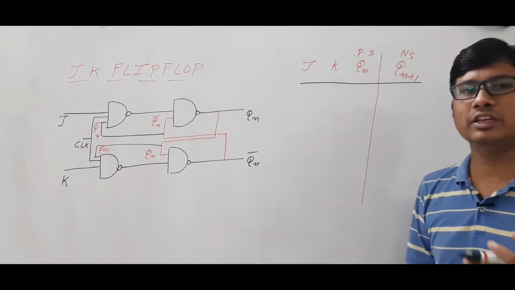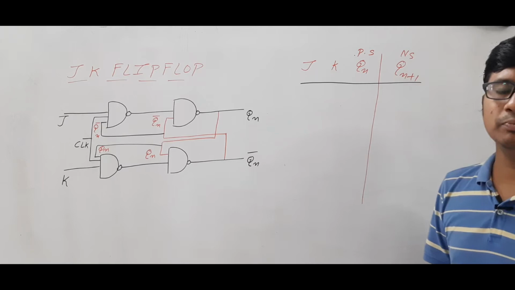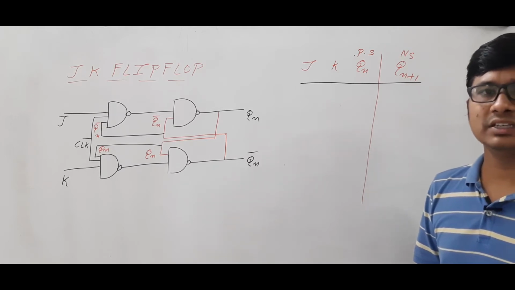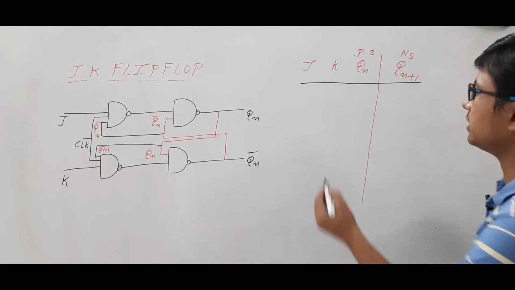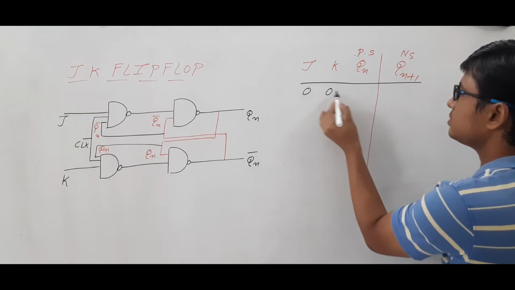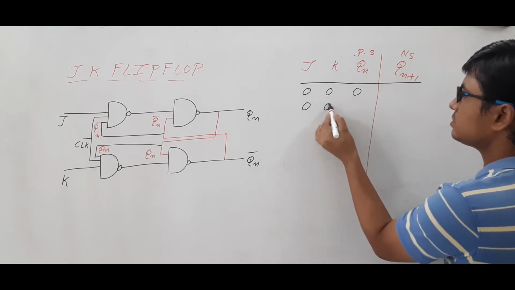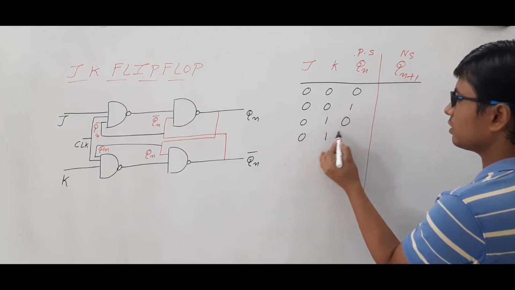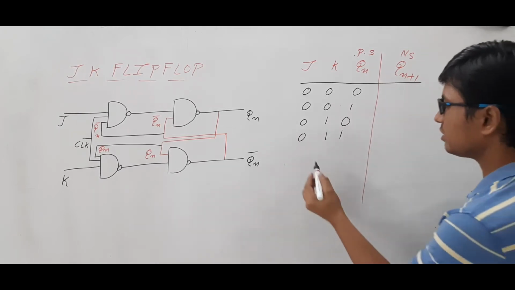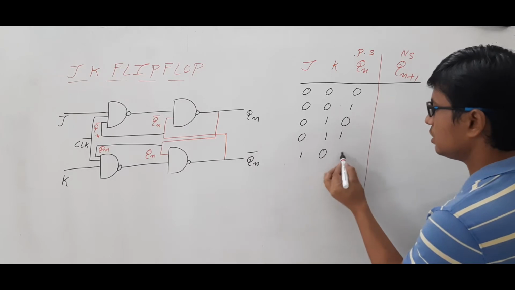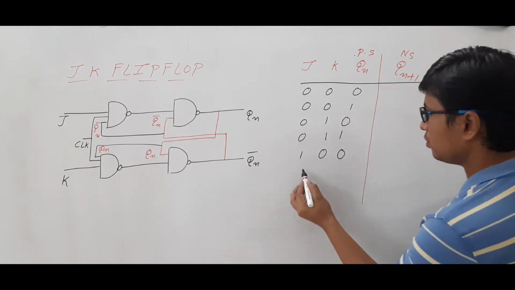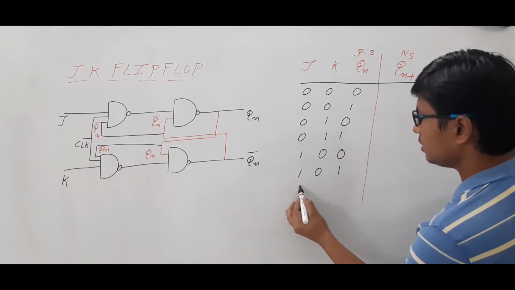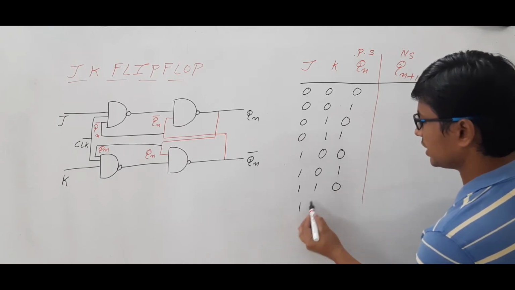If I have 3 binary variables in the input, how many input combinations can I get? 8 combinations. What are they? 0 0 0, 0 0 1, 0 1 0, 0 1 1. Similarly, I have another 4 combinations: 1 0 0, 1 0 1, 1 1 0, 1 1 1.